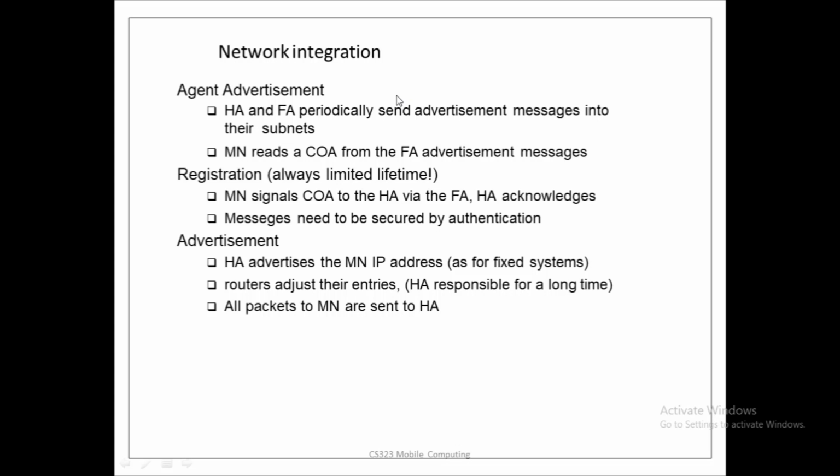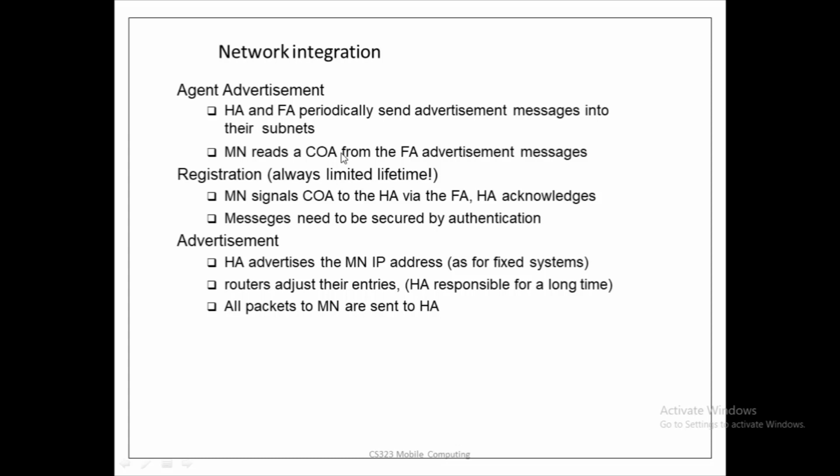For this purpose, mobile IP describes two methods: agent advertisement and agent solicitation. The foreign agent and the home agent advertise their presence periodically using a special agent advertisement message. This advertisement message can be sent as a beacon or broadcast into the subnet.